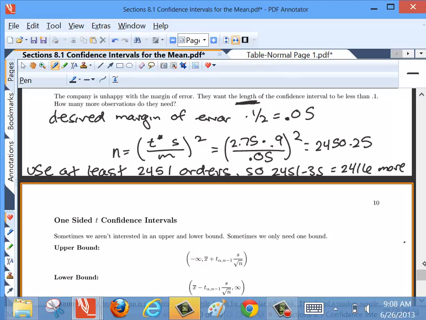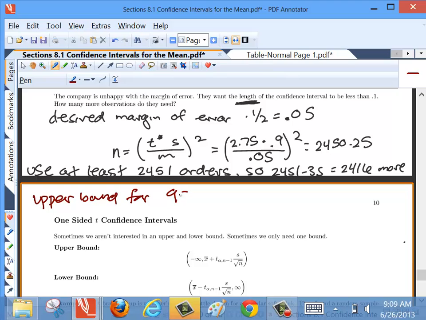So we might be interested in just knowing, is our mean waiting time less than this, or is our, I don't know, mean survival time at least such and such. So you might only be interested in one bound. So tell me, what do you think would change? So let's say we needed an upper bound.